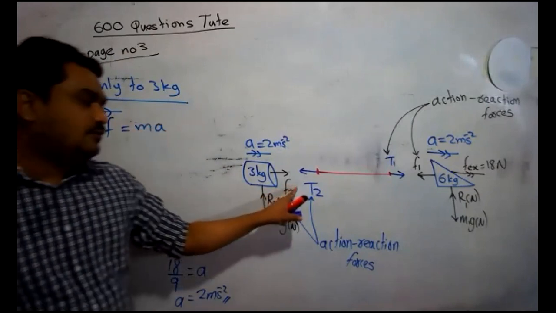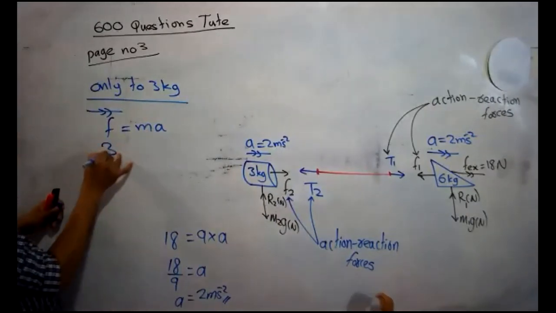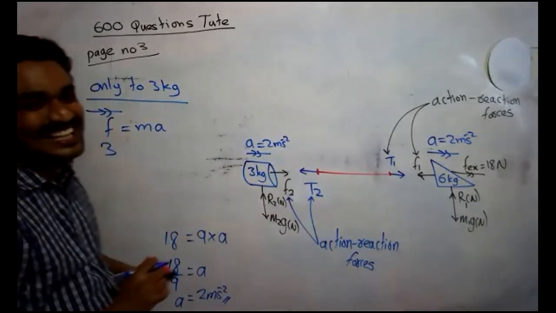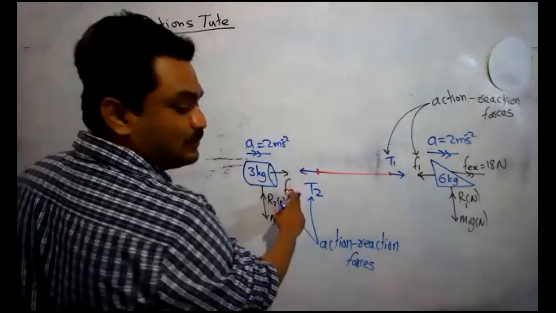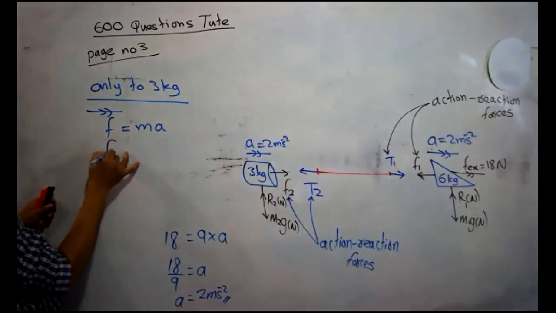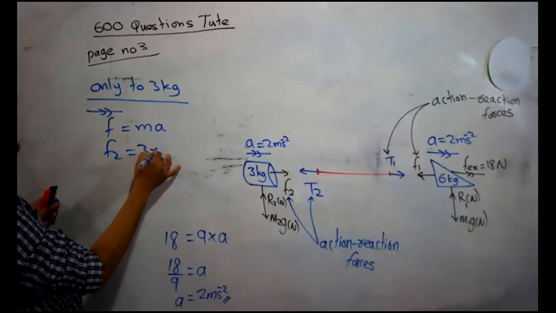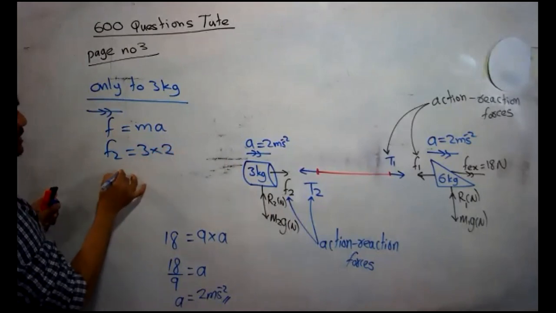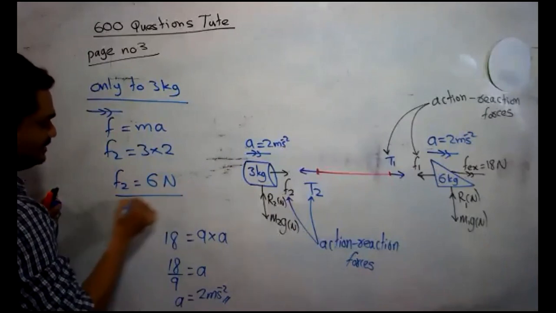The only horizontal force acting on the 3 kg object is F2. F2 equals mass, which is 3, times acceleration, which is 2, so F2 equals 6 Newton.